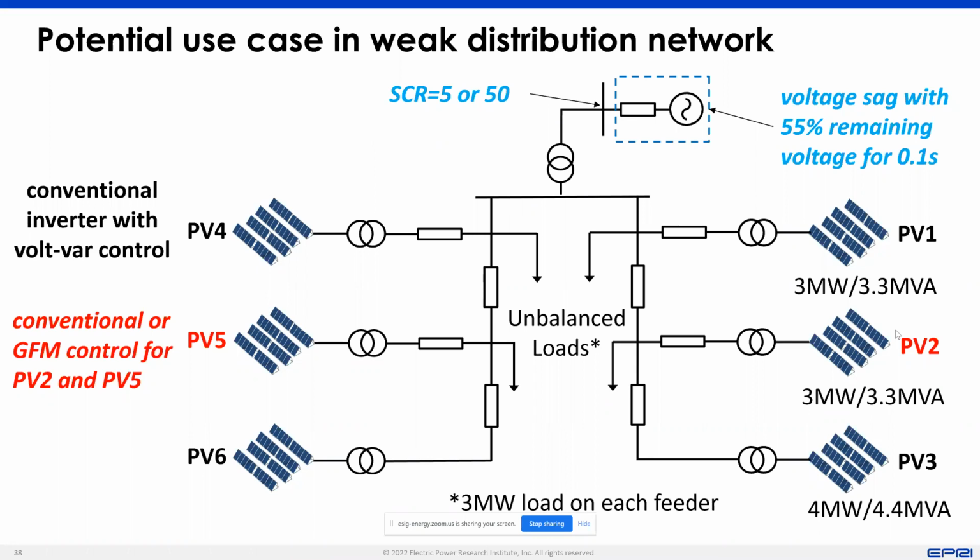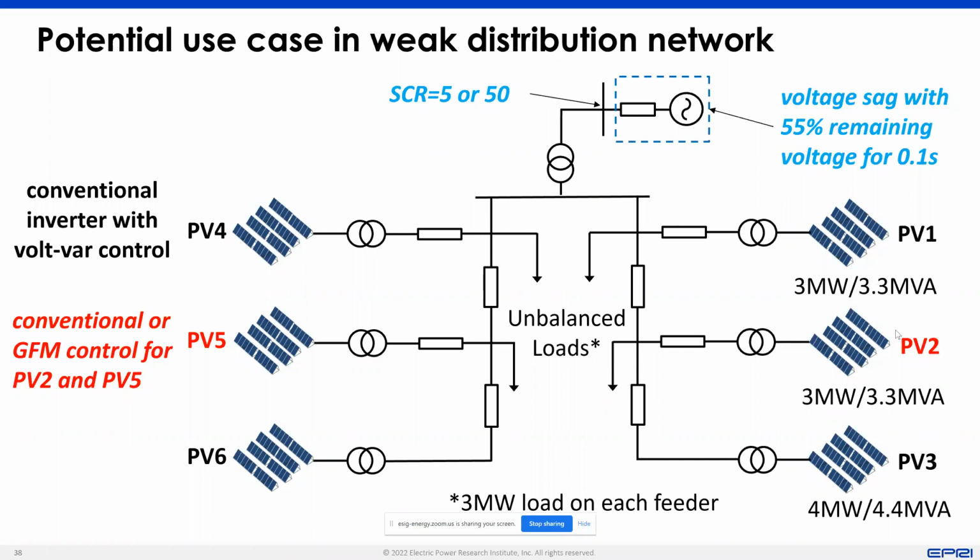The disturbance that we study is a voltage sag applied on this voltage source, which represents a fault in the transmission system that gets cleared in 0.1 second, far away from this substation because we still have 55% remaining voltage.